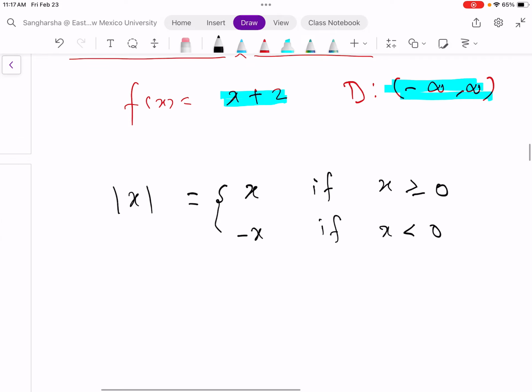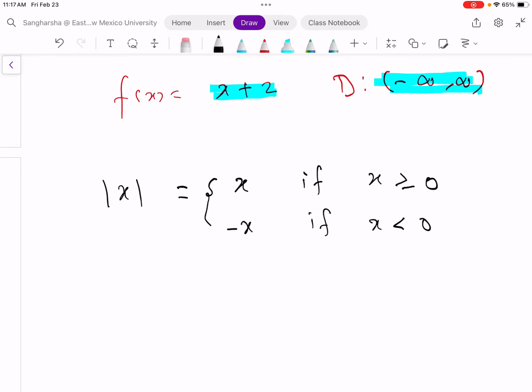Now this function has two outputs. The very first output is that the absolute value of x is equal to x if your x, which is the input, is greater than or equal to 0. So if you choose your input to be equal to 0 or greater than 0, then you're going to use this expression to find the output.